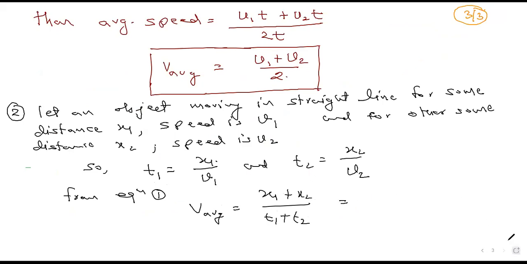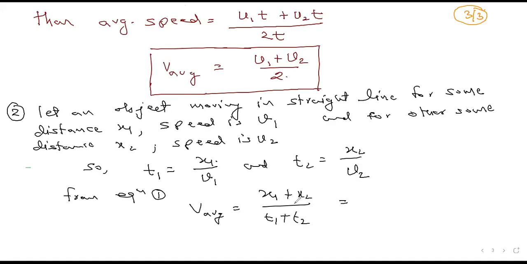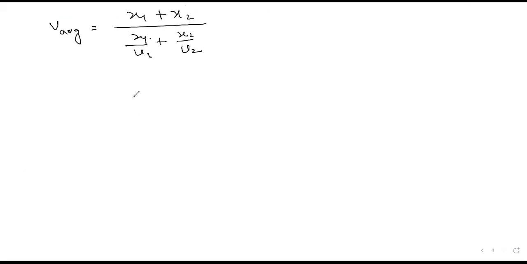So v average equals x1 plus x2 upon, in place of t1 and t2, x1 upon v1 plus x2 upon v2. Am I clear? Check that I have written correctly. I am putting the values x1 upon v1 and x2 upon v2. Got it? Clear? So this is your new equation.